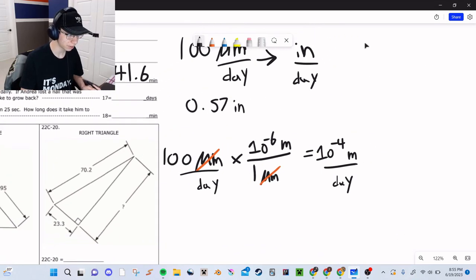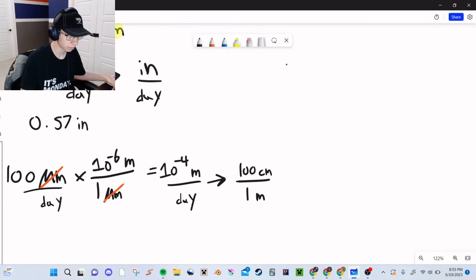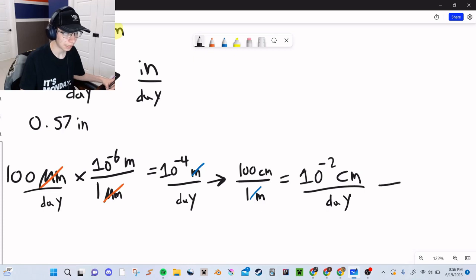Now we gotta change meters. We're gonna change this to centimeters. So there are 100 centimeters in 1 meter. So these units of meters cancel out, and we're left with 10 to the negative 2nd centimeters per day as our rate.